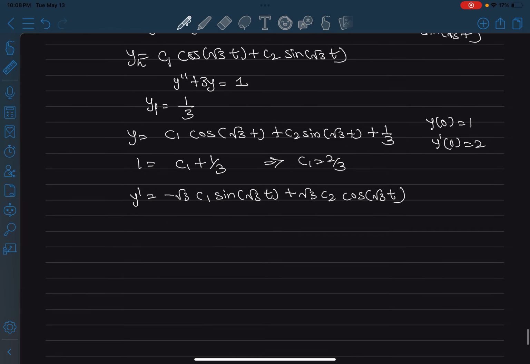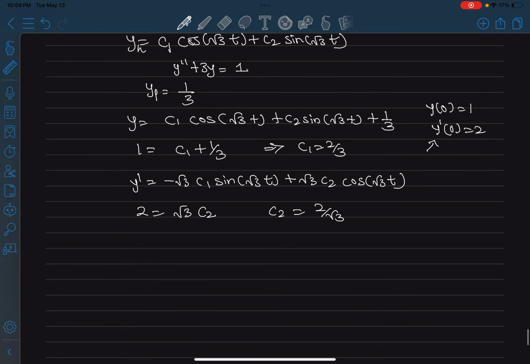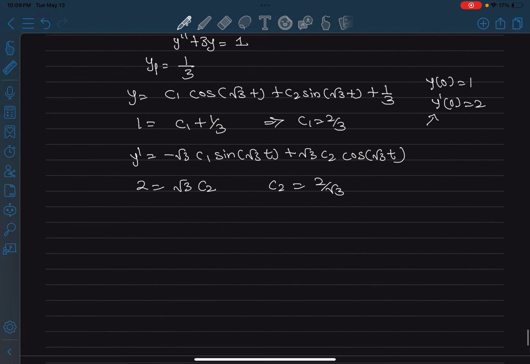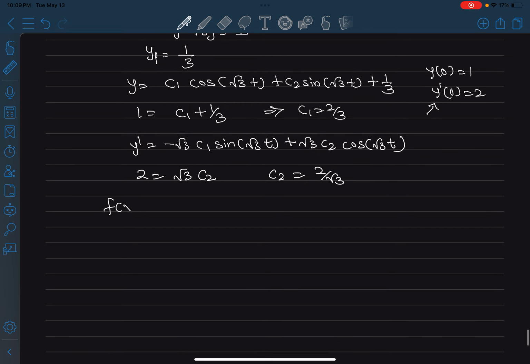Now if I use y prime of 0 is equal to 2, I will have 2 is equal to root 3 c2. So c2 will be 2 by root 3, right? Now we have c1 and c2. So we can say that f of x is 2 by 3 cos root 3t plus 2 by root 3 sine root 3t plus 1 by 3.